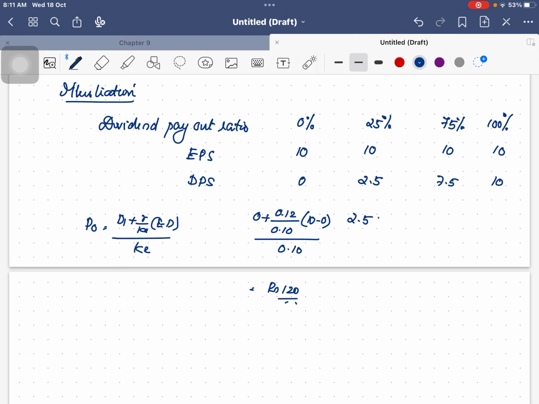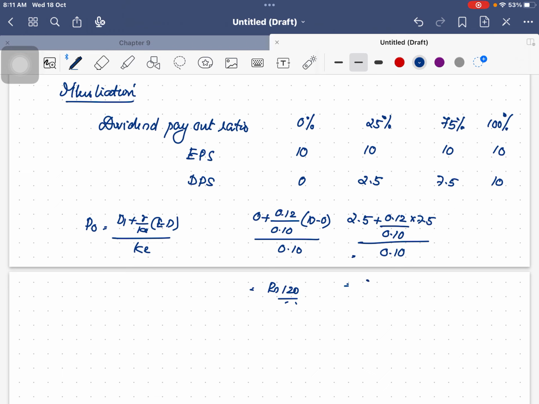So 2.5 plus 0.12 divided by 0.10, 10 minus 2.5, that is 7.5. 7.5 into 0.12 divided by 0.1 is 9.